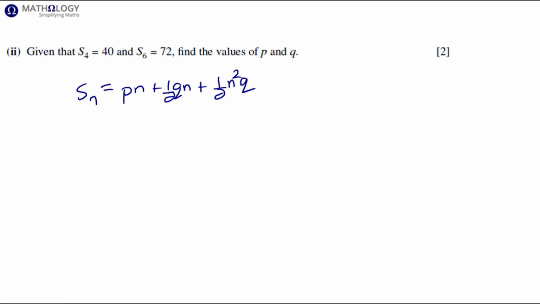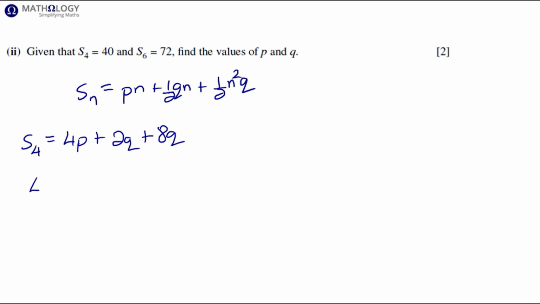Given that the sum to 4 terms is 40 and the sum to 6 terms is 72, find the values of P and Q. So the sum to 4 terms will be 4P plus a half Q times 4, which is 2Q, plus a half times 4 squared Q. That's 16 divided by 2, that'll be 8Q.